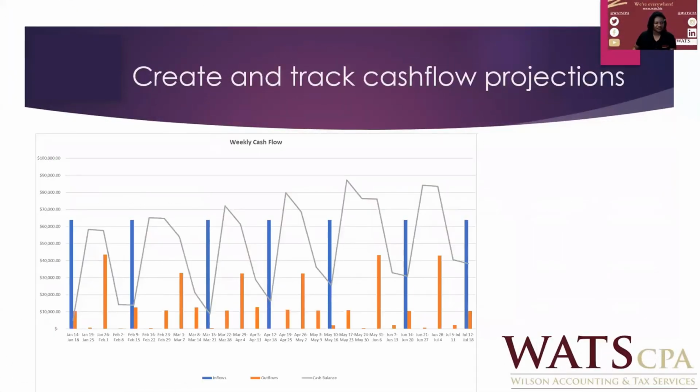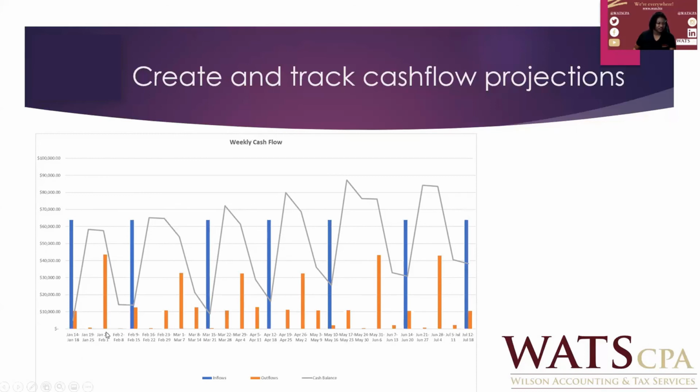And then I like this because it gives a visual view of the Excel templates that we just viewed. This would be what the cash looks like week to week. Blue, we have the inflows. So that would be that 63,000 that we collected that first week.